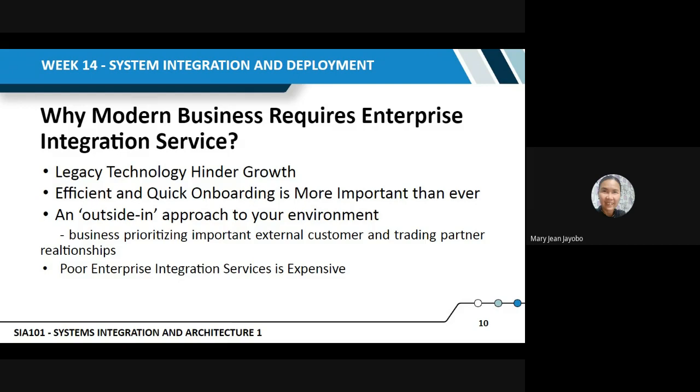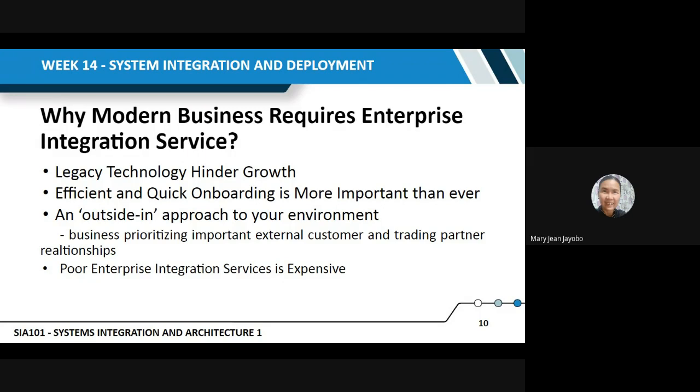Okay, so maybe you can propose that, no, to the businesses. Okay, so enterprise integration services are essential to the modernization efforts, and any company that embraces an enterprise integration platform will significantly improve their data exchange capabilities, improve their customer and partner relationships, and reduce costly errors through automated workflows.